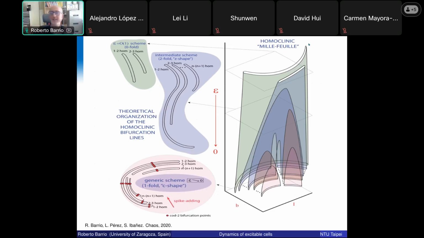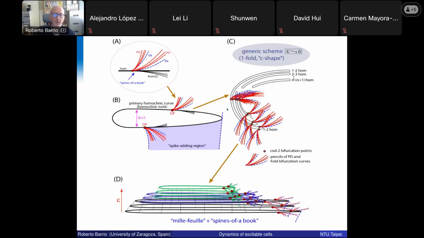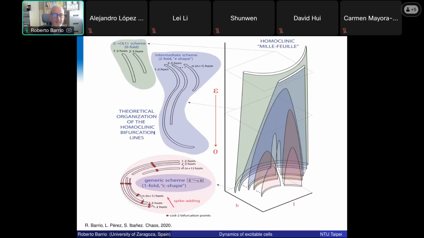So we have these 3 kinds of homoclinic surfaces. But of course all of them are very close to each other. We want to show what happens. In fact, the structure is what we call a millefeuille, the spine of the books, because we give this name to the homoclinic millefeuille. That means a lot of homoclinic surfaces very close to each other.